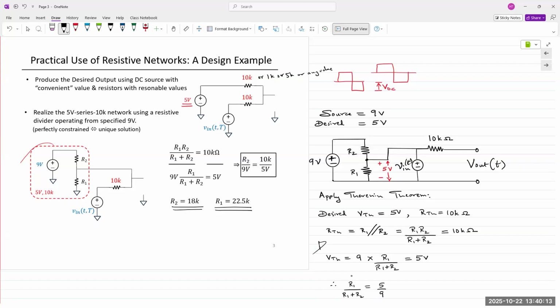Yes. So let's see. You're asking about this circuit? The question being asked is if we add 5 volts to this, wouldn't it automatically shift everything up?